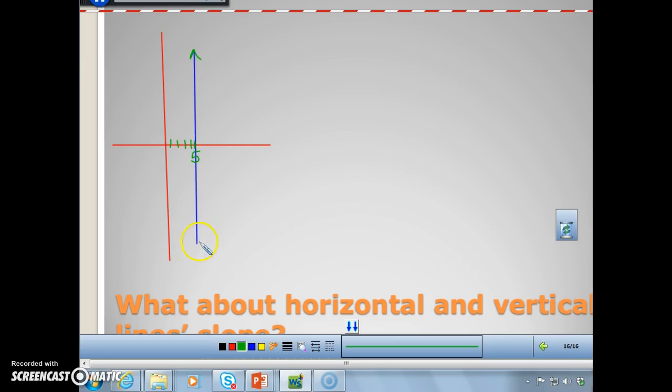This point right here would be 5, 1, and this point here would be 5, 2, and this point would be 5, 3, and what you'll notice is all the x coordinates are 5s. So this is x equals 5. Its slope is undefined, because if you think about skiing down this hill or this mountain, your body would be undefinable at the bottom.